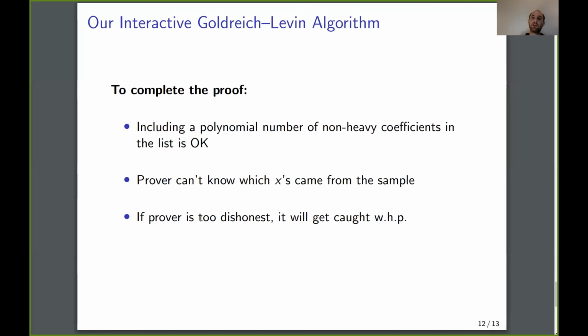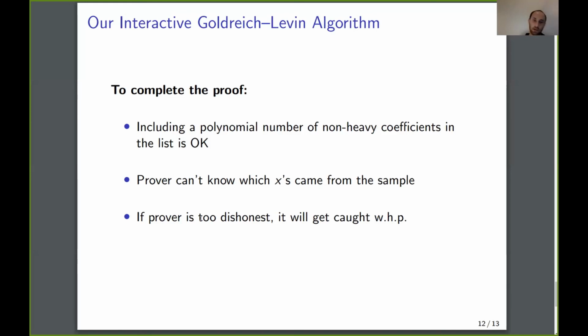And then you need to do a calculation to show that if it is that dishonest, then it will get caught with high probability because we chose enough random samples.